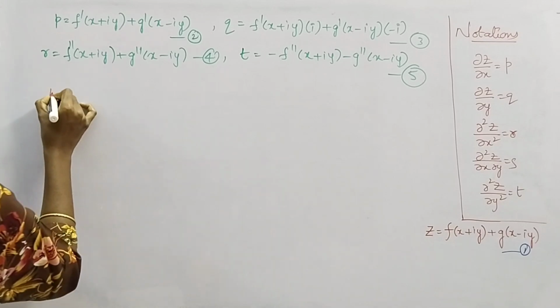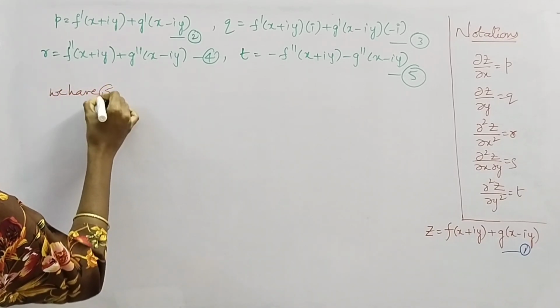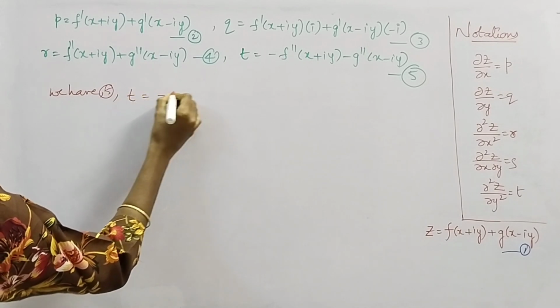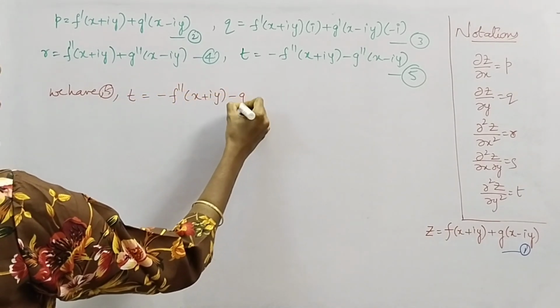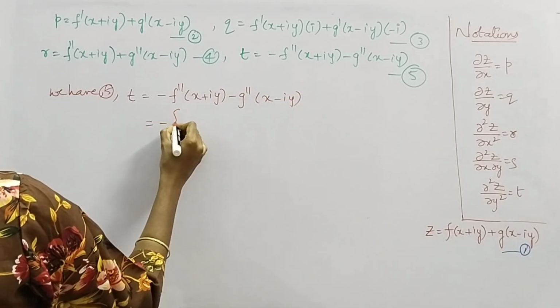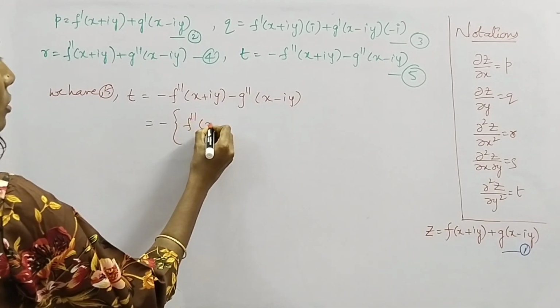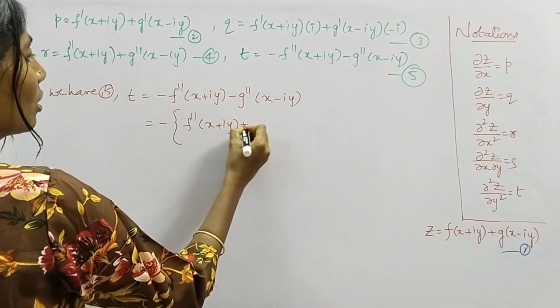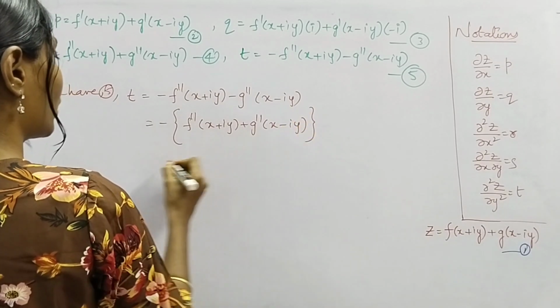Now we have equation 5, right? t equal to minus f double dash of (x plus iy) minus g double dash of (x minus iy). Here take minus common from these two terms, you'll get minus of (f double dash of (x plus iy) plus g double dash of (x minus iy)).